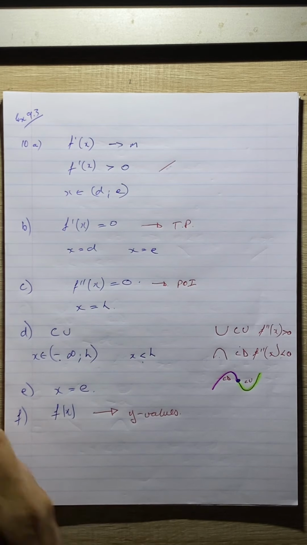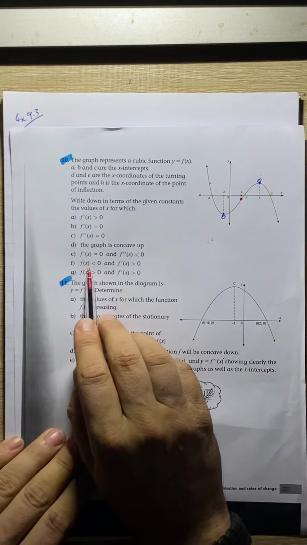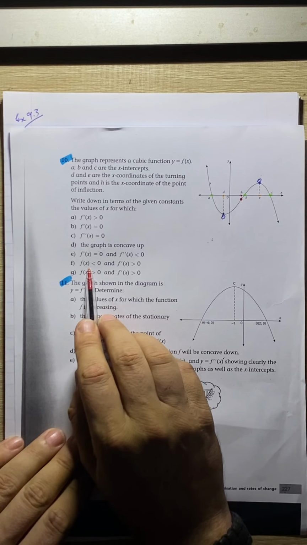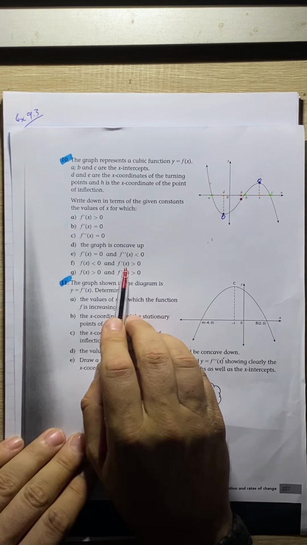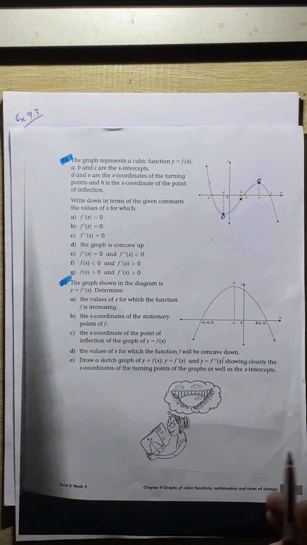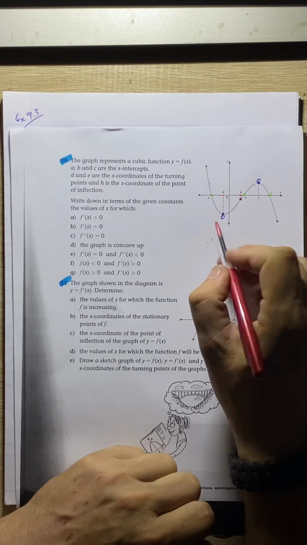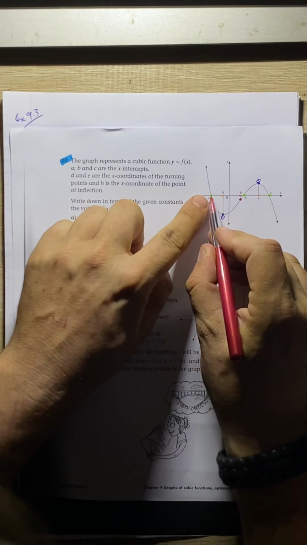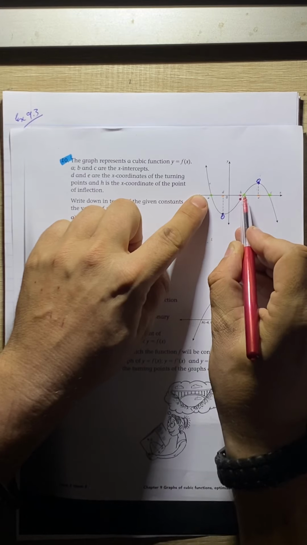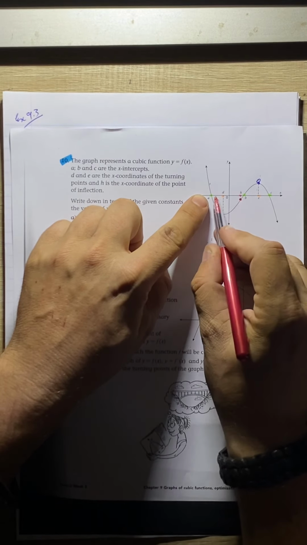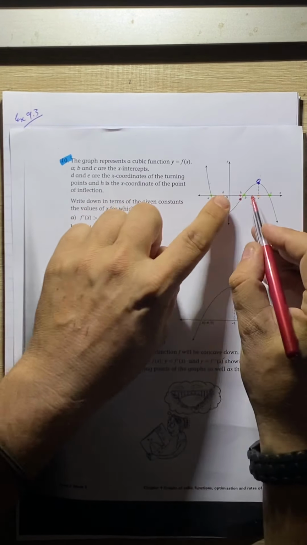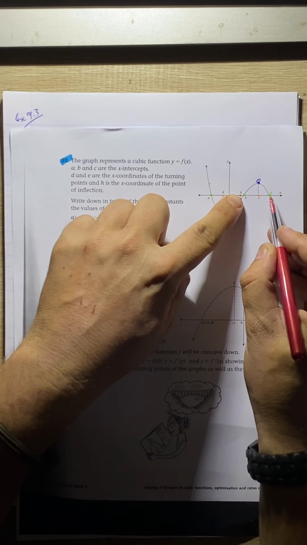So what they're asking here is, where are our y values negative and where is the gradient positive? So let's have a look where our y values are negative. Our y values are negative for this original graph from this point all the way up to that B point. From there, it's positive, then positive over there, and then positive over there.